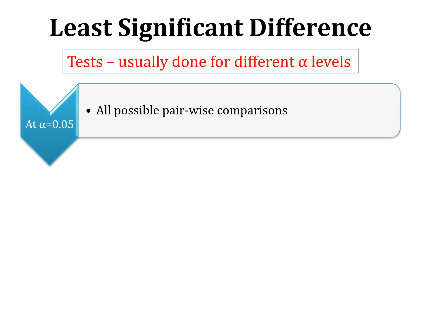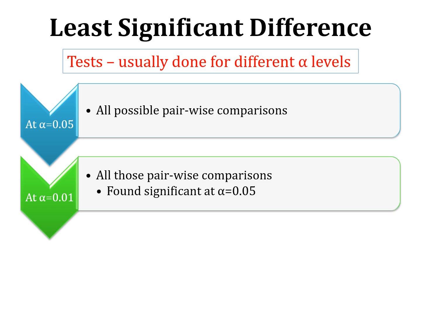All of these 6 pairwise comparisons are tested for LSD at 0.05 probability or significance level first, right? And then these are tested at an alpha level of 0.01, and not all of the pairwise comparisons are made, but only those which are found significant at the 0.05 significance level, right?